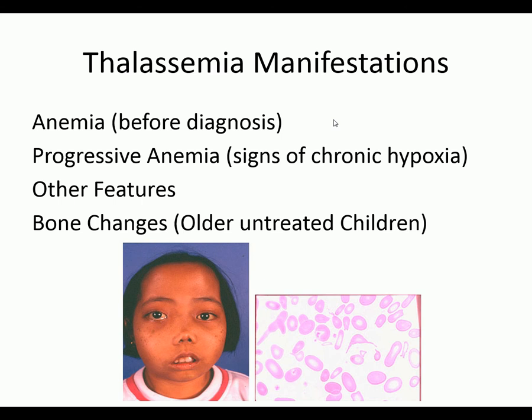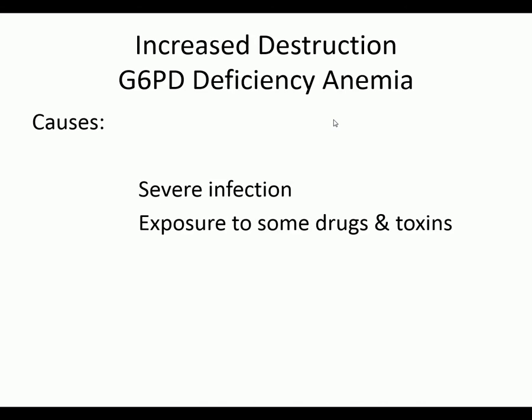Okay, now we're going to jump back to our Med-Surg book and talk about the increased destruction anemias again, with your G6PD deficiency anemia. And I've listed here your causes that you will see this. It is an X-linked recessive disorder with most severe expression in males and mild partial expression in your carrier females.